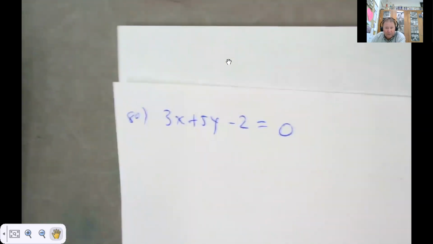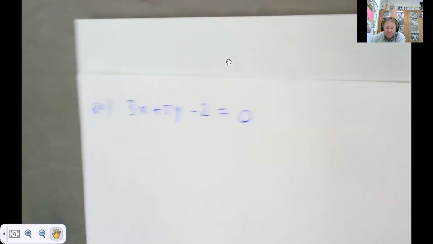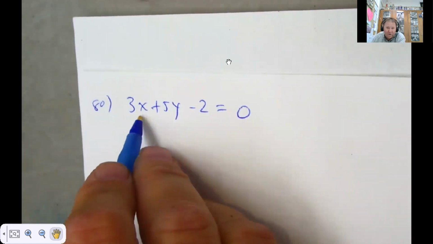We're on 80. 80 is equal to 3x plus 5y. All right, this is a line equals 0. Okay, well, I'm not sure. Let me keep going. So x is equal to r cosine of theta.